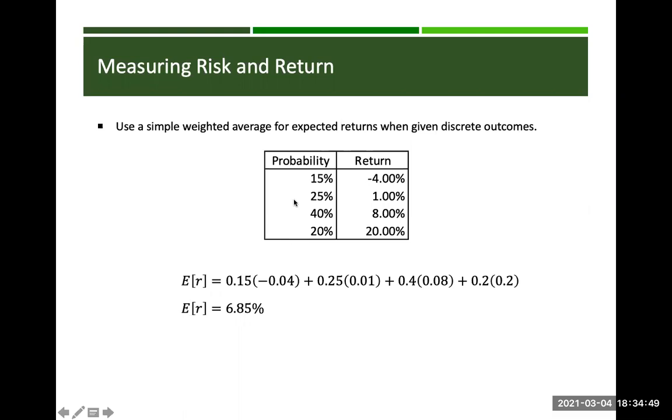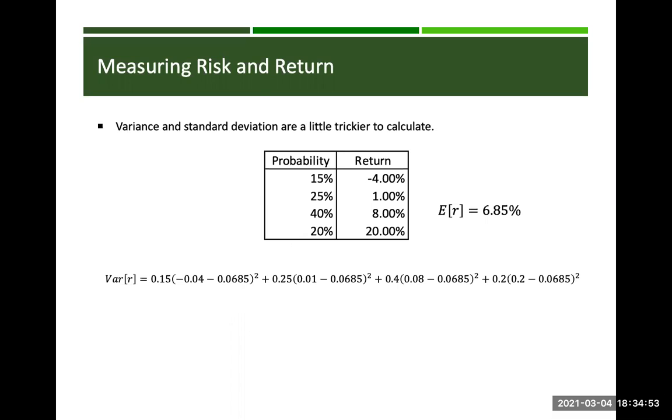What's the expected risk? And what do I mean by risk? Usually, we do it using the statistical terms of variance and standard deviation. So the way that we measure, well, how dispersed is this set of realized outcomes, or the set of potential outcomes? How dispersed are they? We take what's called the squared deviations, and we weight them by their probability.